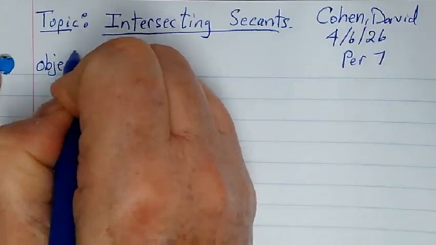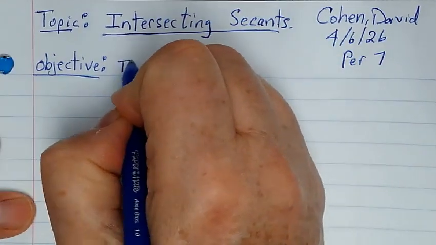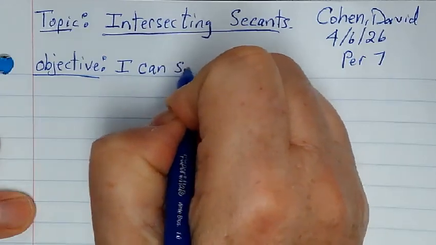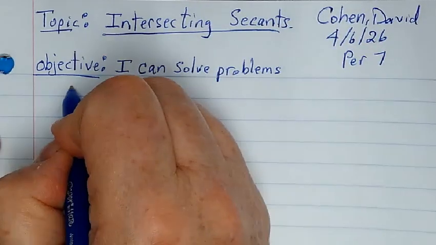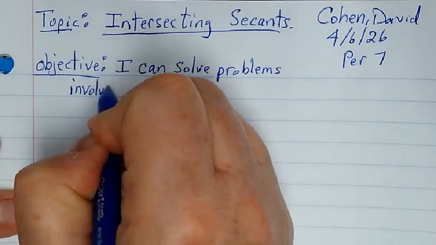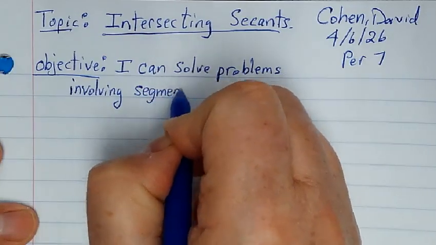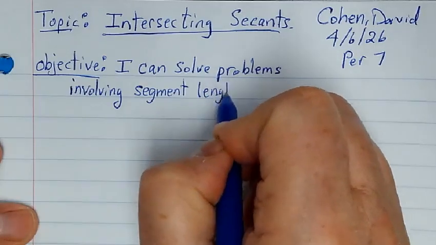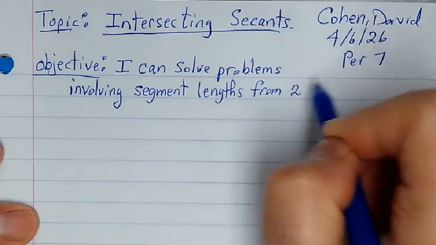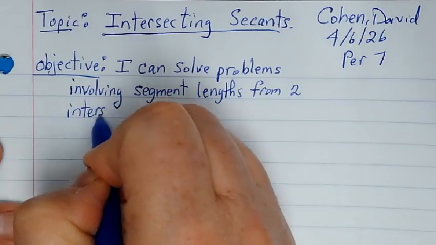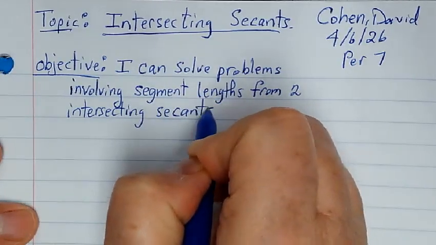The objective: by the time we're done, we're going to be able to solve problems involving segment lengths from two intersecting secants.